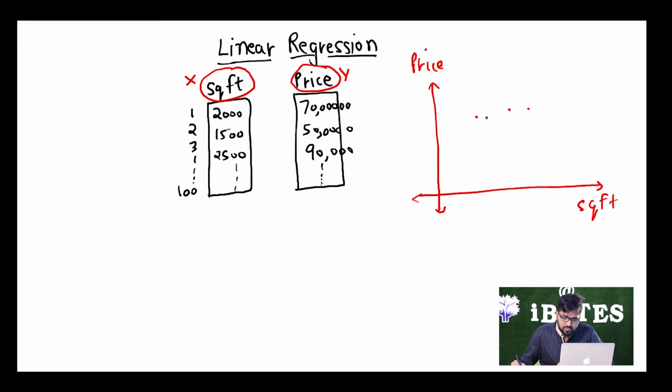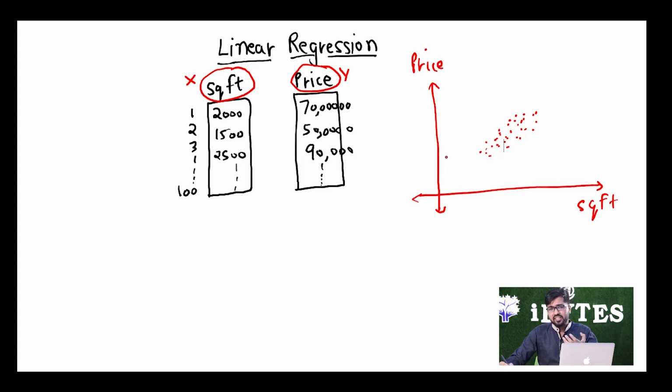If I just plot all these 100 points on this graph, let's assume that these are the 100 points. Now what linear regression is going to try and do is build a linear relationship between my dependent and independent variable, where the dependent variable is y, that is price.